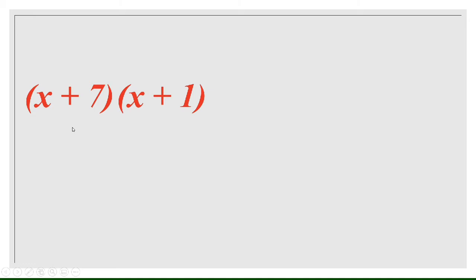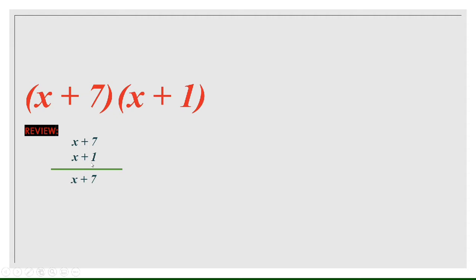So, first, we try this review. So, x plus 7 times x plus 1. So, first, we will be multiplying this portion. So, 1 times 7 would be equals to 7. And 1 times x is equals to positive x as well.